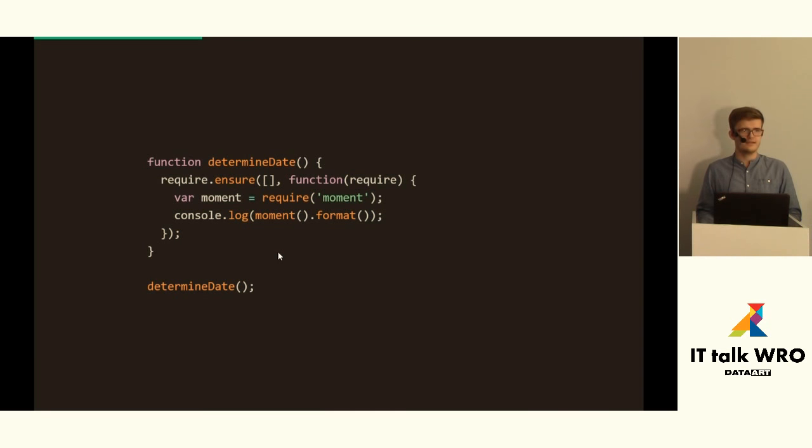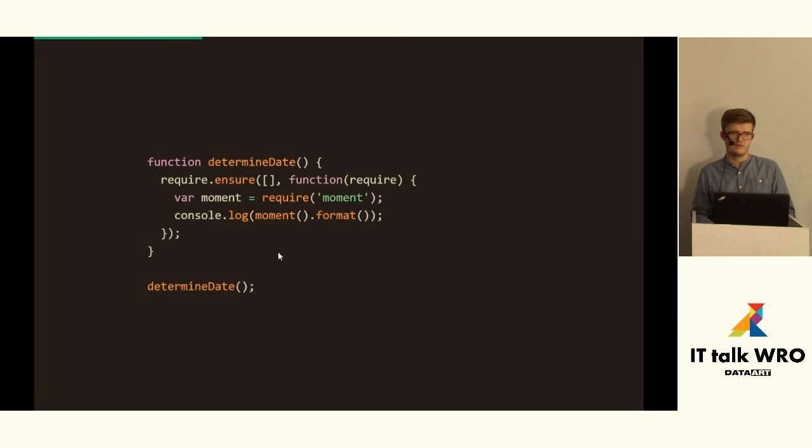So, for example, let's imagine that we have to determine a date with moment.js, or use some fancy moment.js function at some point. If it was synchronous, we would just use it like import moment and then moment dot something. But with require ensure, we convert it to be asynchronous. In this particular example, we see that we call require ensure with an empty array.